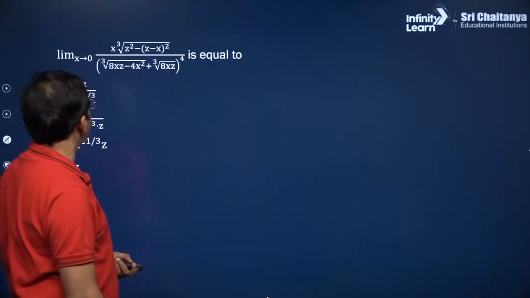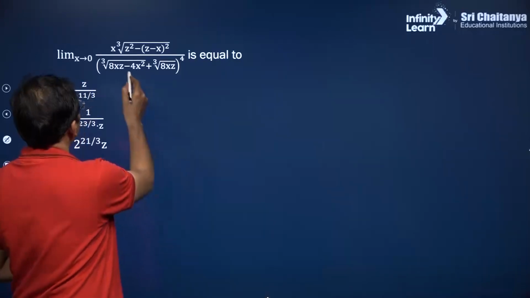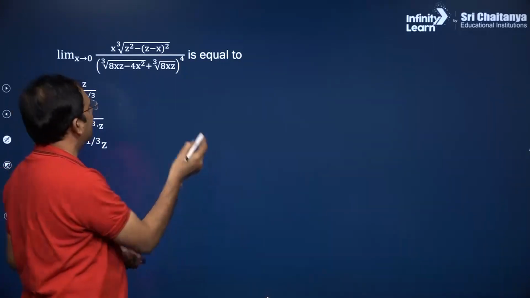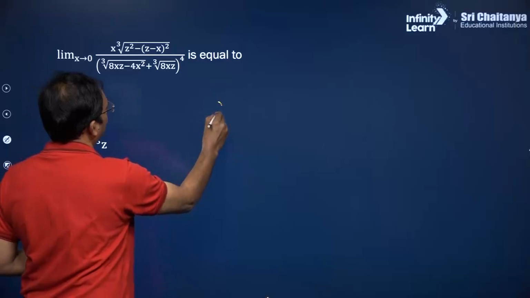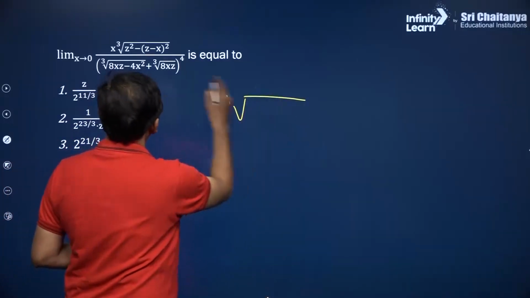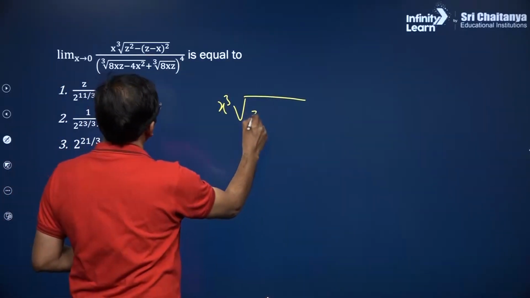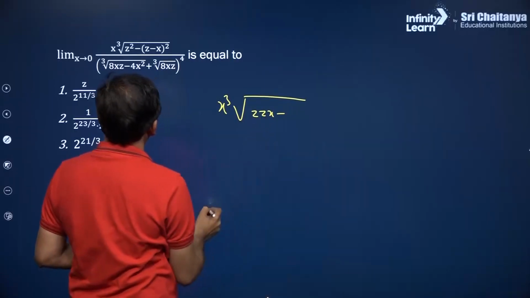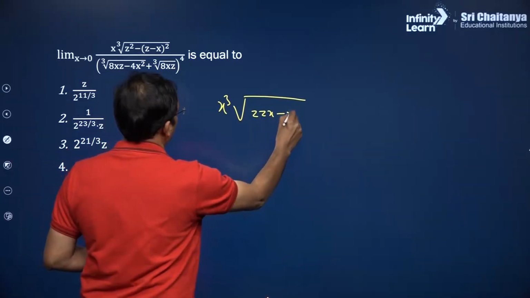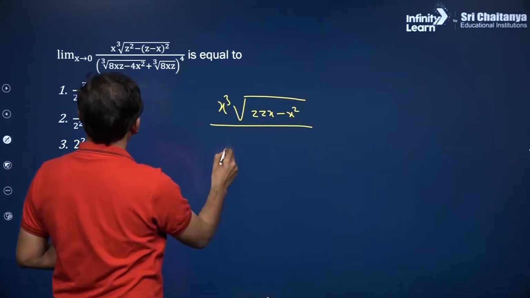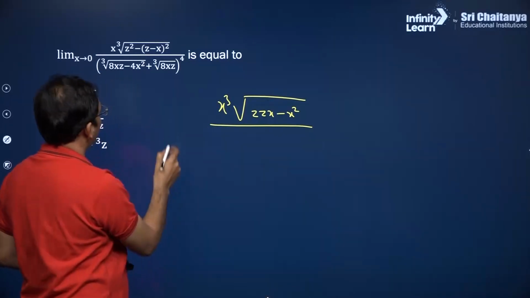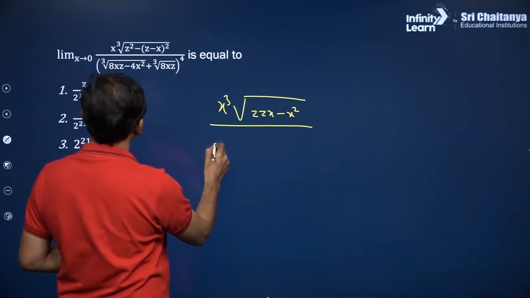That's it. Next, my dear friends, here the limit x tends to 0, z you treat like a number. You just observe the degree: x cube into z square gets cancelled, 2zx, this is plus x square, no, minus x square. Here you can take the cube root of 8x out.